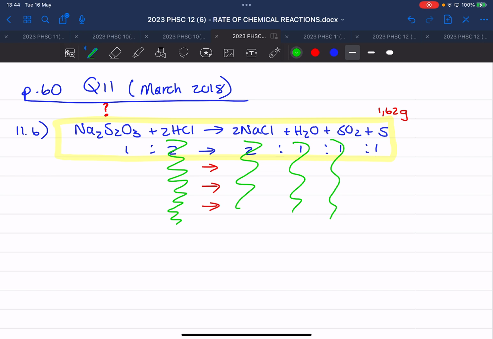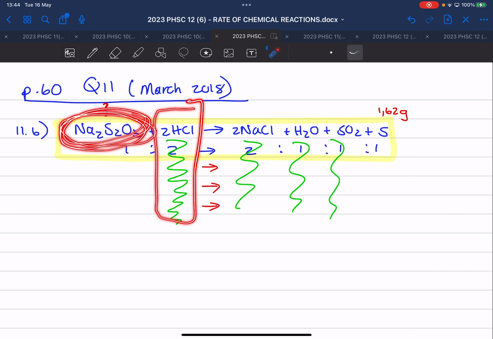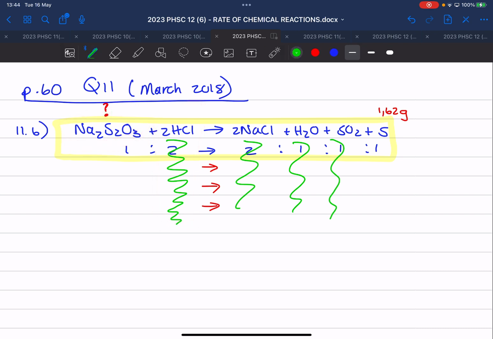Okay, and then there are 2 more pieces of information that I can fill in. Since hydrochloric acid is in excess, it means this one was the limiting reagent. What does that mean? It means we use all of it. We have 0 of it left at the end.